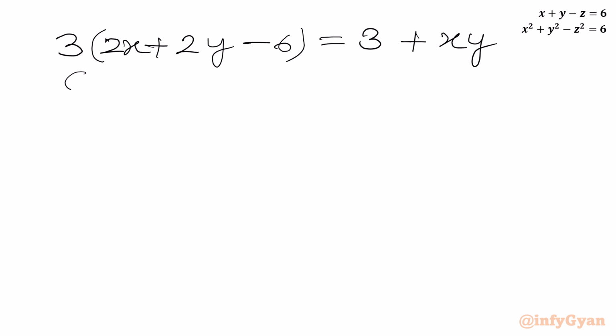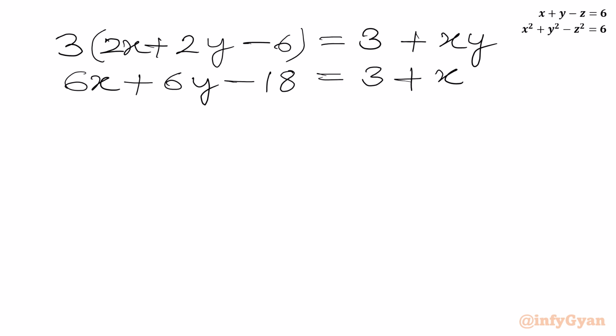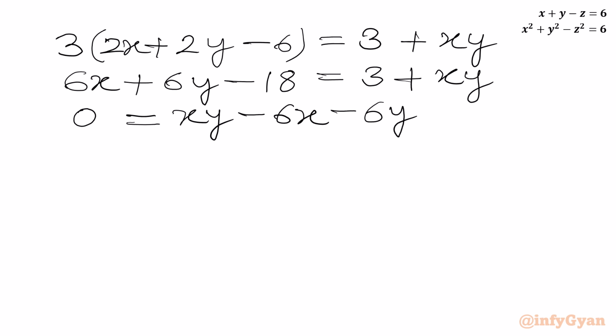Let's expand. I will write here 6x plus 6y minus 18. This will be equal to 3 plus xy. Now take all the terms to RHS. LHS will be 0 equal to xy, then minus 6x, then minus 6y, then 3 plus 18, 21.